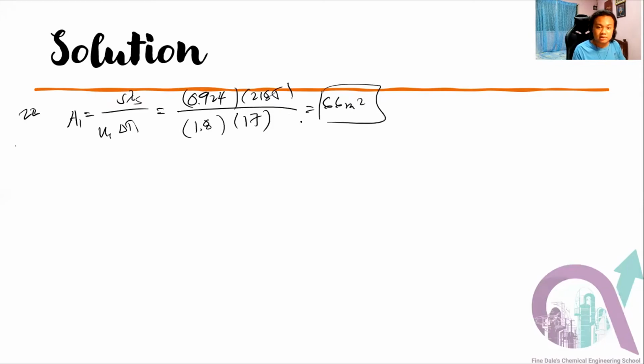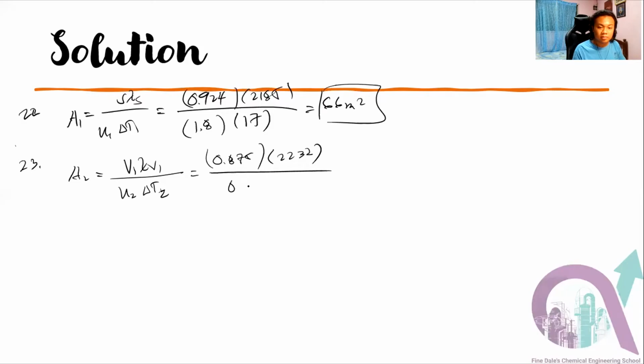Okay, so for number 23, you have A2 is V1 times lambda V1 over U2 times delta T. So you have 0.875 times 2232 over 0.63 times 45.